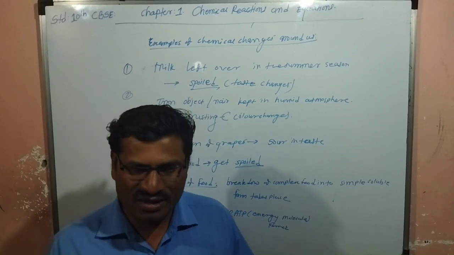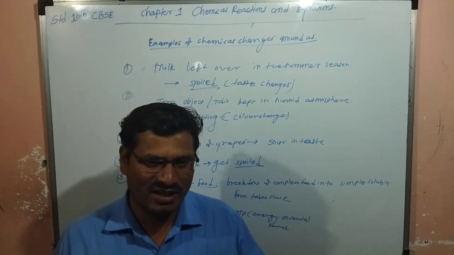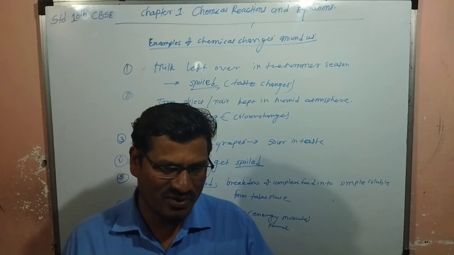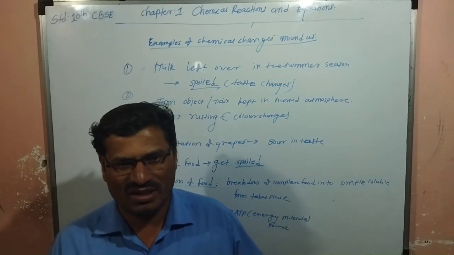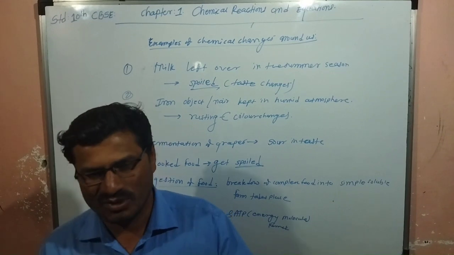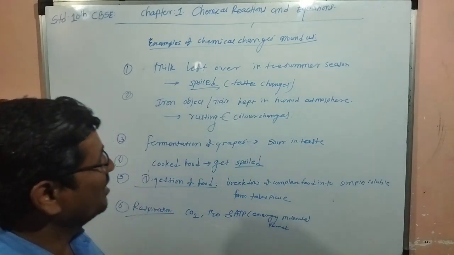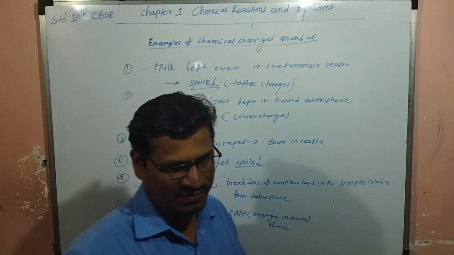So again, some activities are given in our textbook on the first page, and we'll study those activities, and then we'll study the definition of chemical reaction. After that, chemical equation, word equation and chemical equation, as well as the sign conventions to write the chemical reaction.